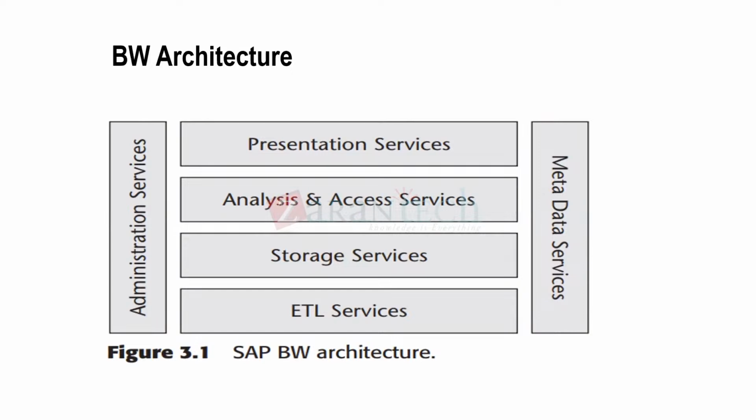Once we have that data in the BW system, then we have to expose the data to a reporting tool. That exposure of the data is done using an analytical processing OLAP tool, which is your BW query. Once you create a BW query, then you expose that query to a front-end reporting tool.